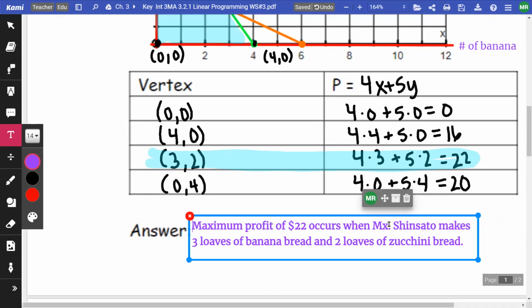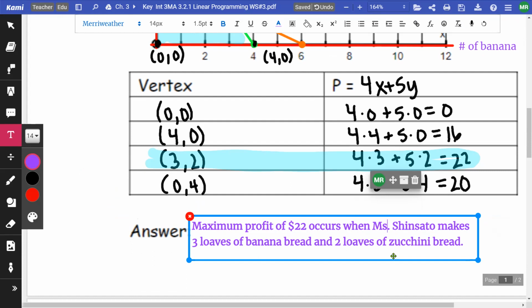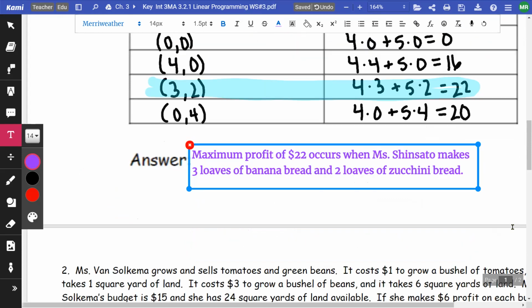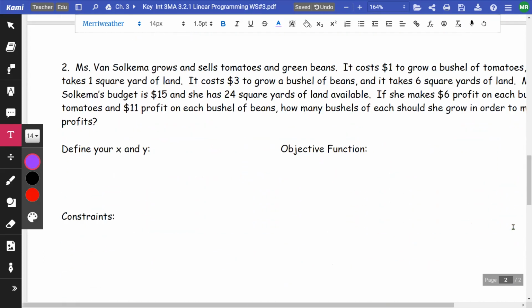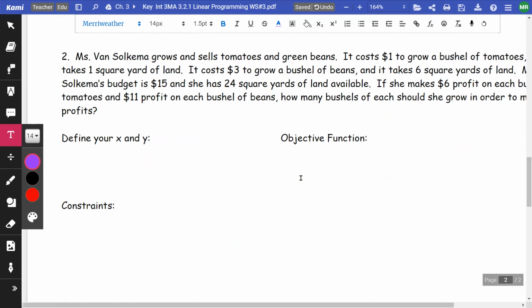Now, the next problem is a very similar process. So the next problem, Ms. Van Sokoma grows and sells tomatoes and green beans. It costs $1 to grow a bushel of tomatoes and takes 1 square yard of land.